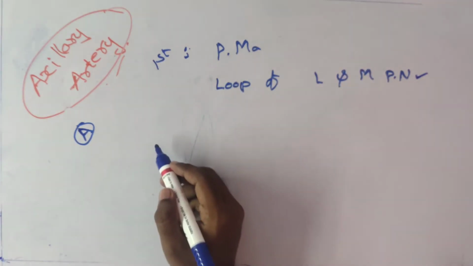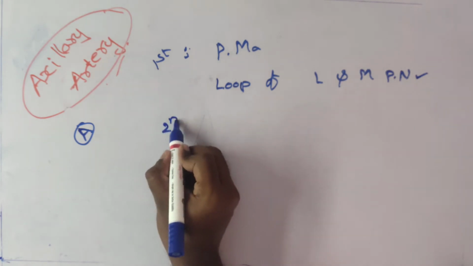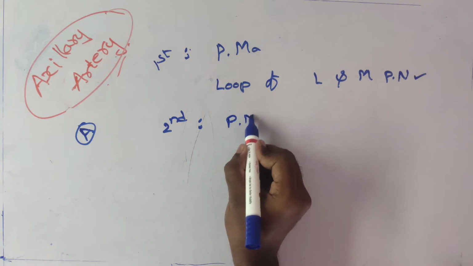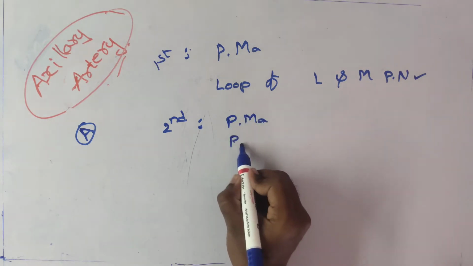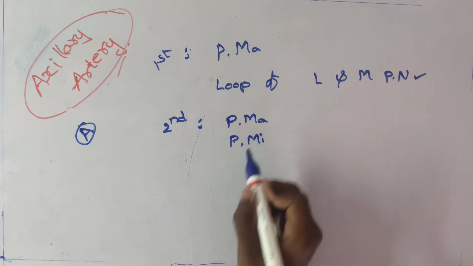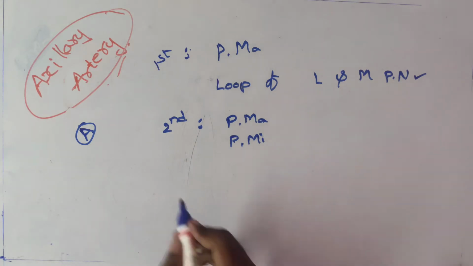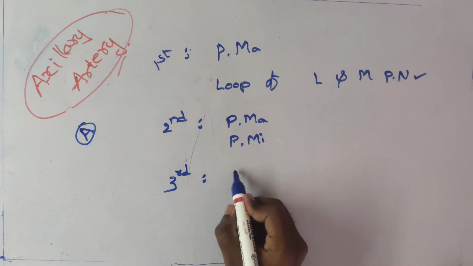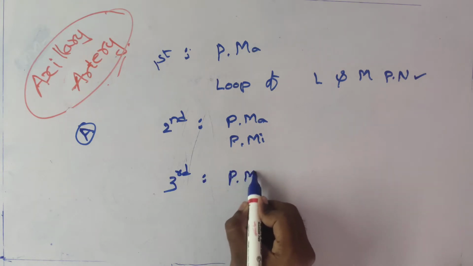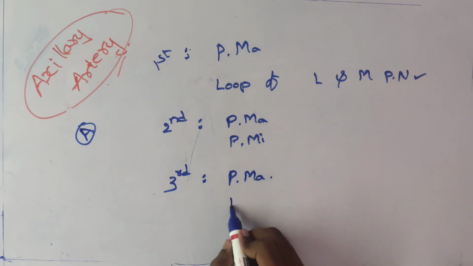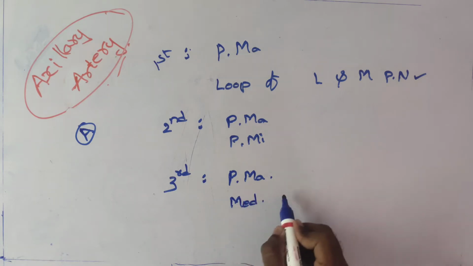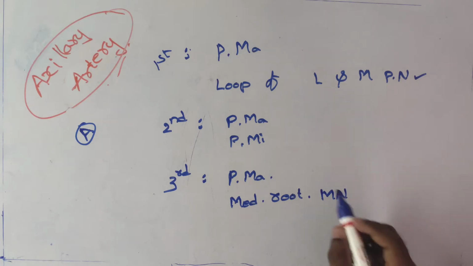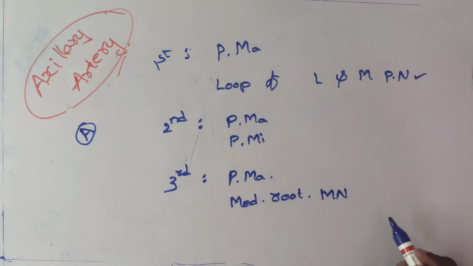The anterior relation of the second part is pectoralis major and pectoralis minor. The anterior relation of the third part is pectoralis major and the medial root of the median nerve.